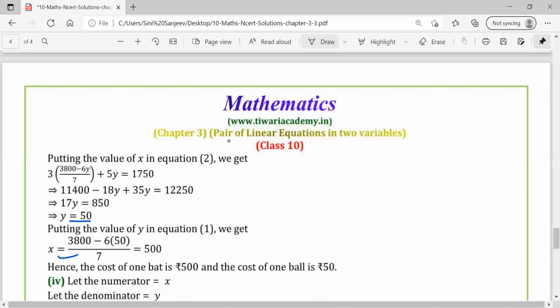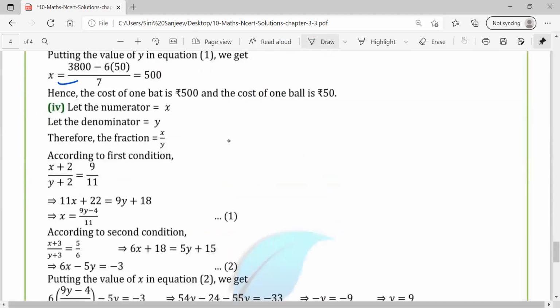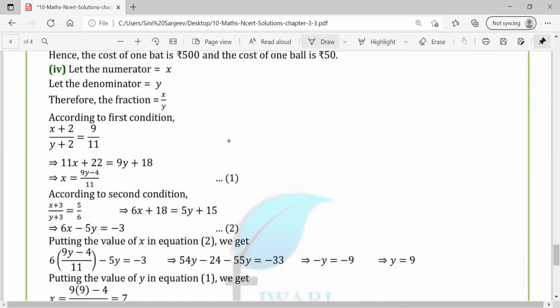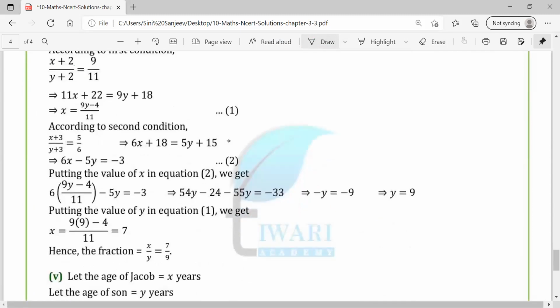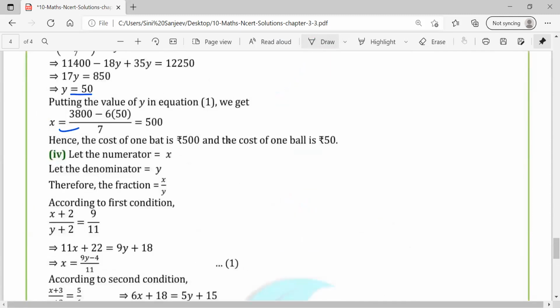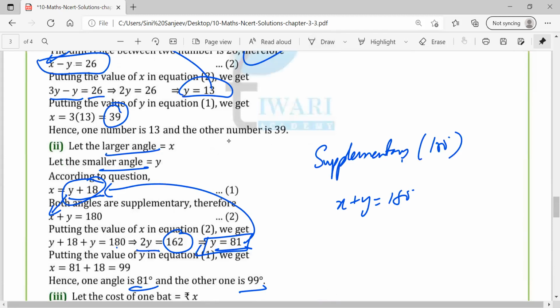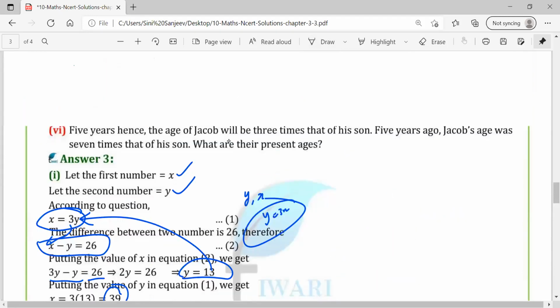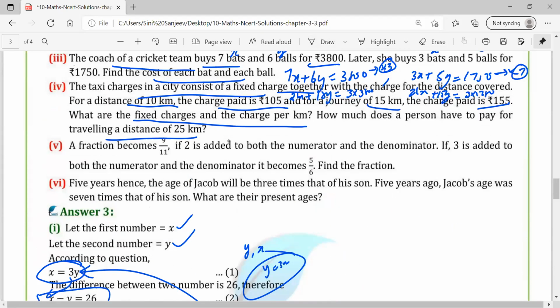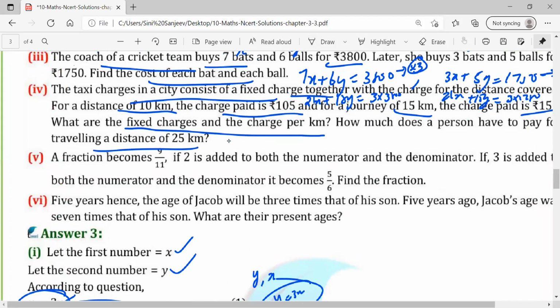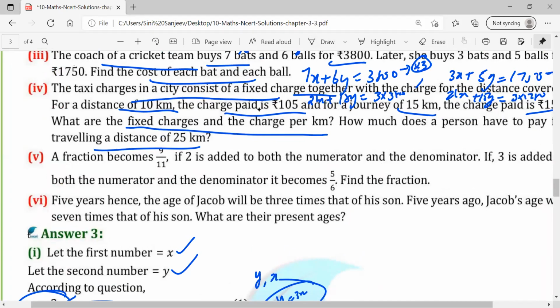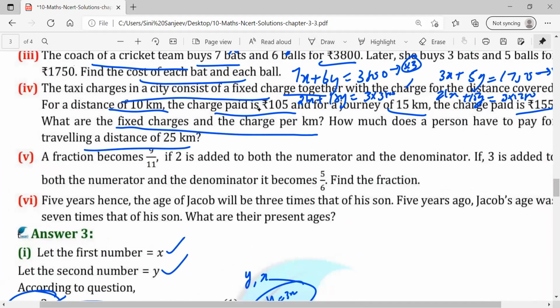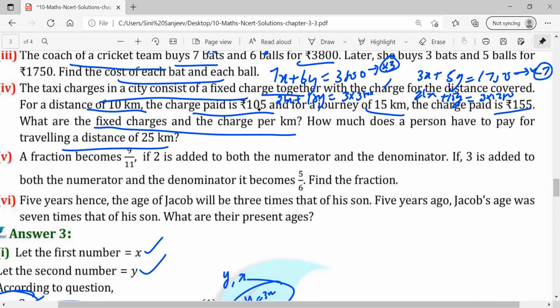First, I'll have to explain this. The taxi charges in a city consist of a fixed charge together with the charge for distance covered. For 10 kilometers the charge paid is 105, and for 15 kilometers the charge paid is 155.